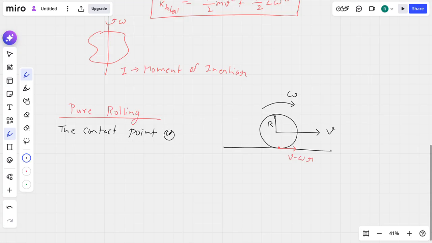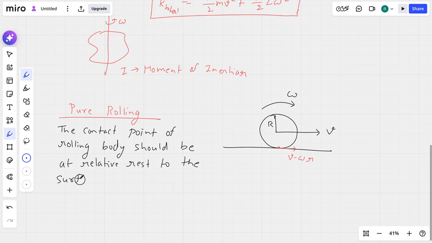The contact point of the rolling body should be at relative rest to the surface. The point of the rolling body which is in contact with the surface, let's call this point P, should be at relative rest with the surface.